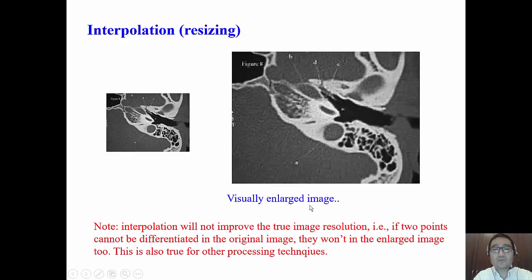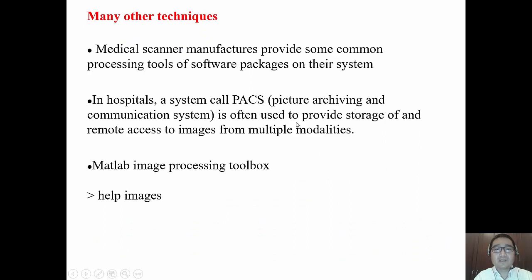We can, of course, zoom in or zoom out the images, so you can see the small features more easily. There are many other techniques that are most of the time embedded in the medical scanners.